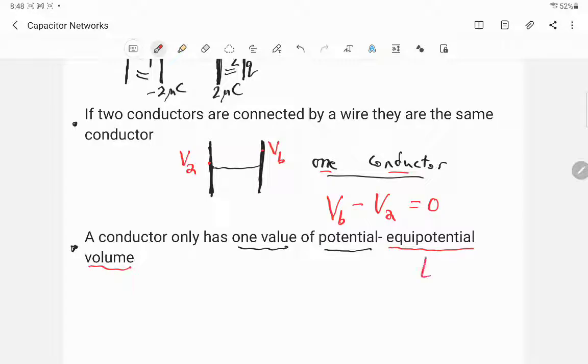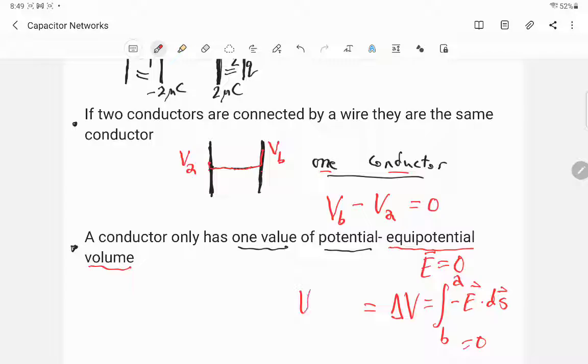And the reason is because the electric field within this conductor, at all the places inside of this conductor, including along the wire and inside of either plate, the electric field is zero inside of conductors. So whenever you ask, what's the potential difference between two places, say B and A, what you have to do is integrate along a path, right, from B to A. So you could imagine integrating along the path that only stays inside of the conductors, and you are only ever going to integrate zero.